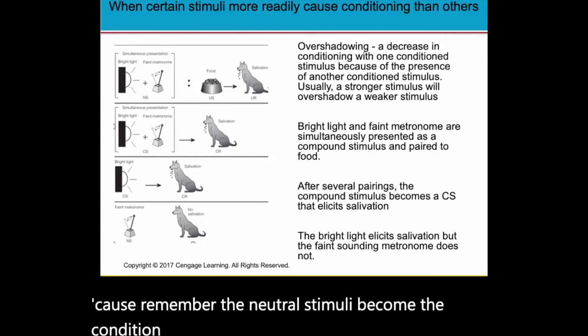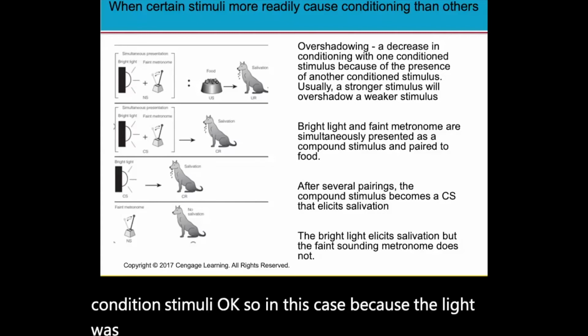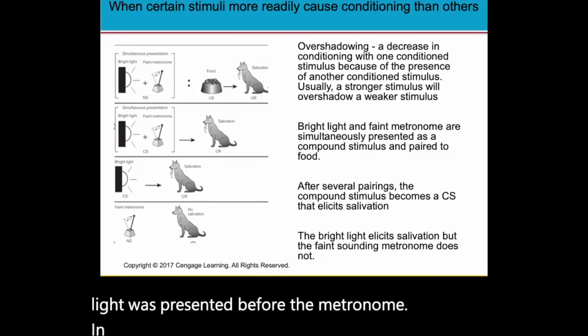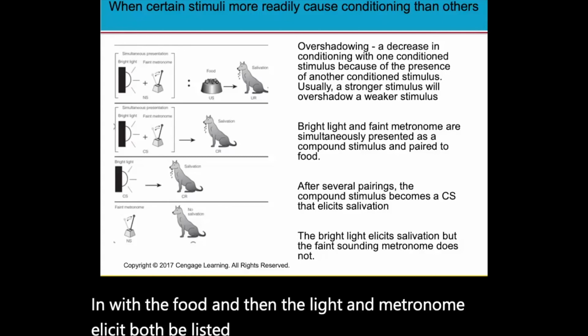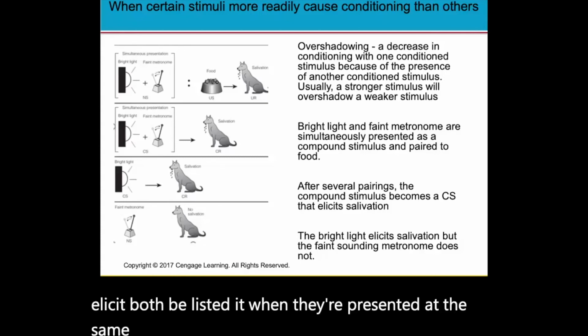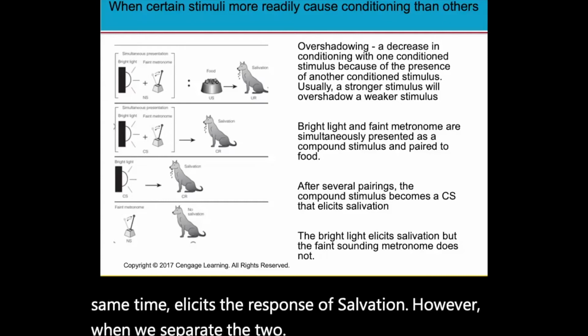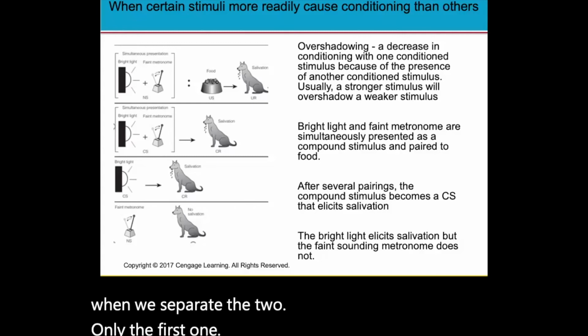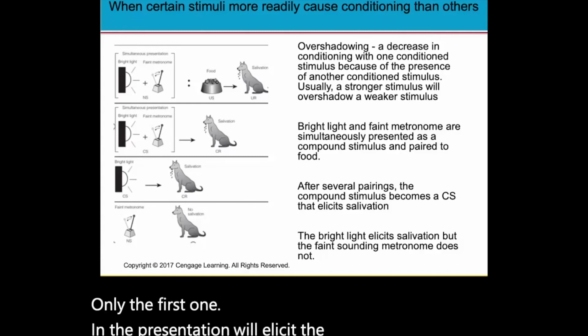So in this case, the light and metronome both elicit the response of salivation when they're presented at the same time. However, when we separate the two, only the first one in the presentation will elicit the response in the organism.